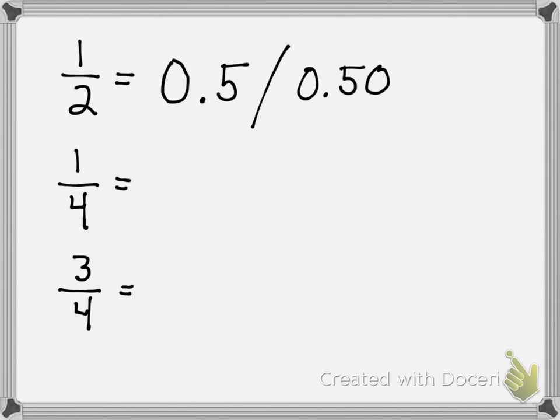It could be equal to 0 and 5 tenths or 0 and 50 hundredths. Just like 50 cents, half of $1. Now 1/4, I always want you to remember, it is 0 and 25 hundredths. It's always equal to that, because what is 1/4 of $1?